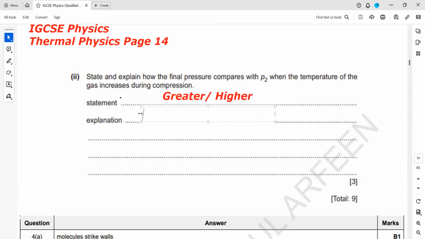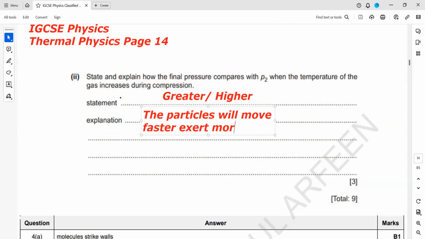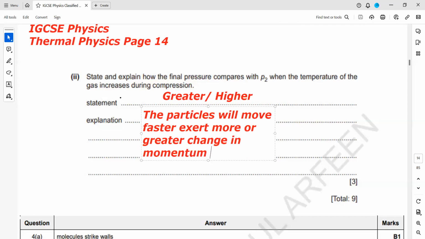Because the particles or the molecules will move faster, exert more force, or a greater change in momentum. As a result, it will exert more pressure, or a higher pressure. So this is what you have to include.